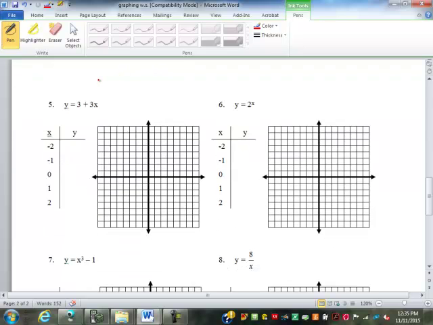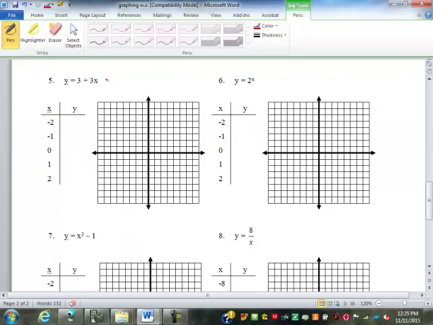Number 5 here. Is that a line? Yeah. I get something like that. Correct? Number 6, did you get a line? Most likely not. It ends up looking something like this.